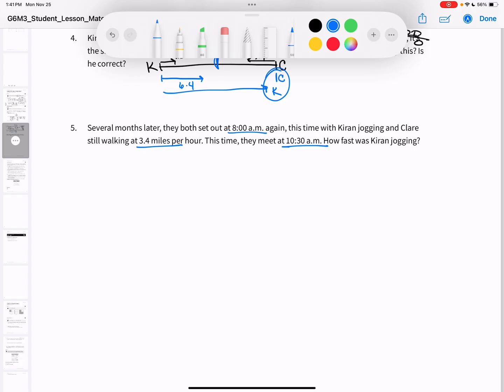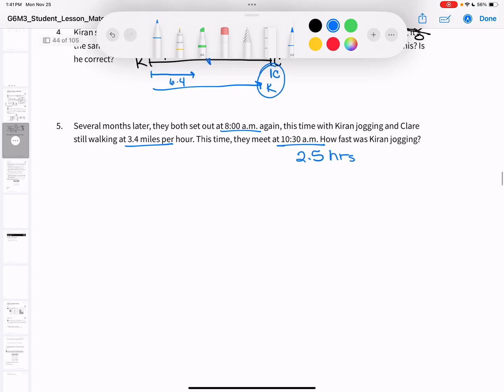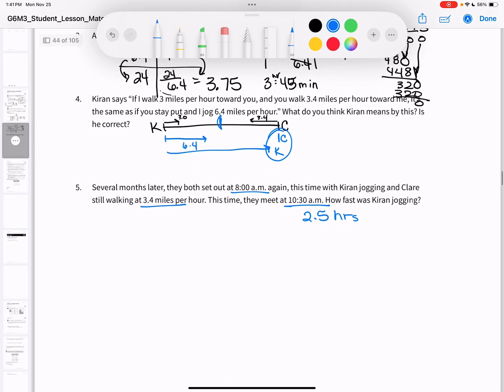All right, so it takes them 8 to 10:30. That's 2.5 hours. That's faster than here because up here it took them 3 hours and 45 minutes. So this only takes 2.5 hours. Okay. So Claire is walking at 3.4 miles per hour.